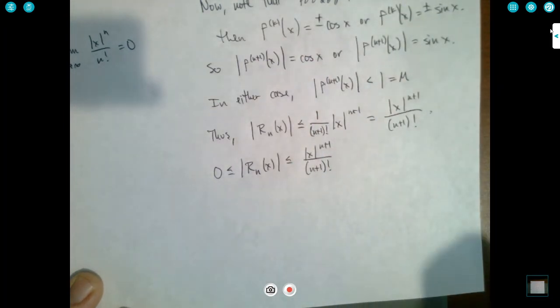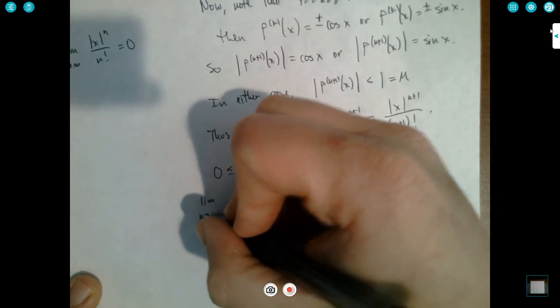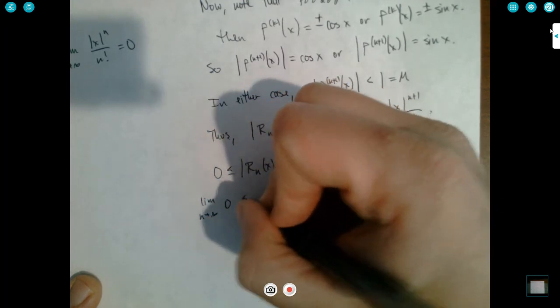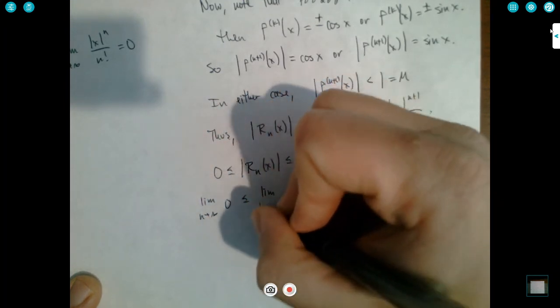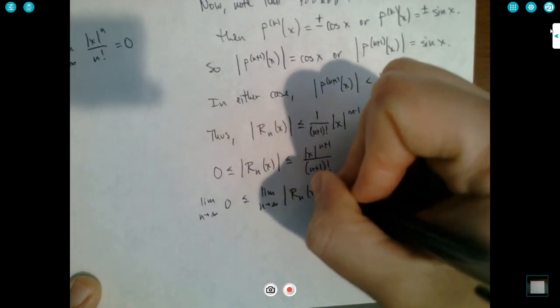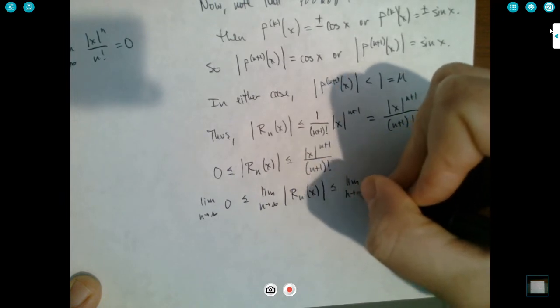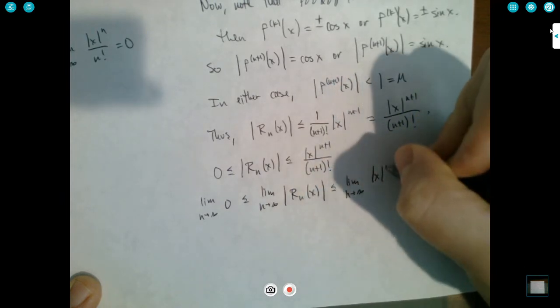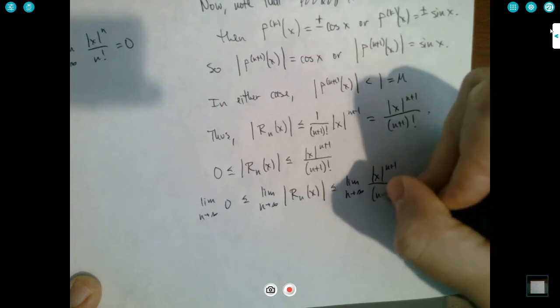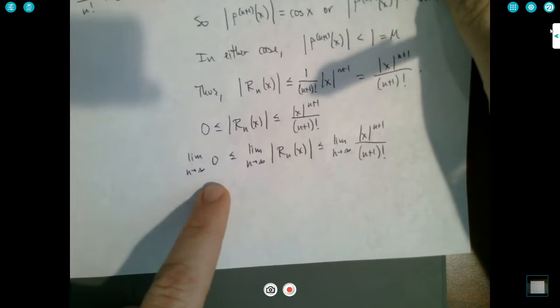And so now if you take the limit as n goes to infinity of 0, that limit is just going to be 0.